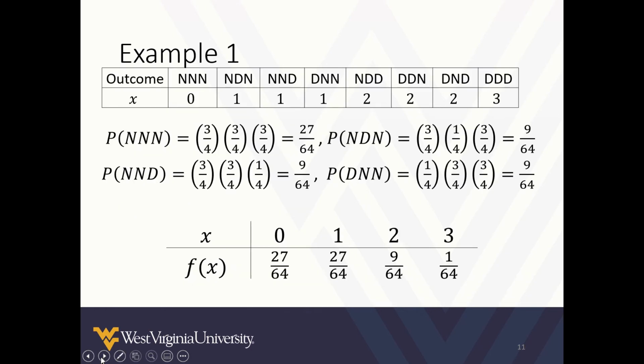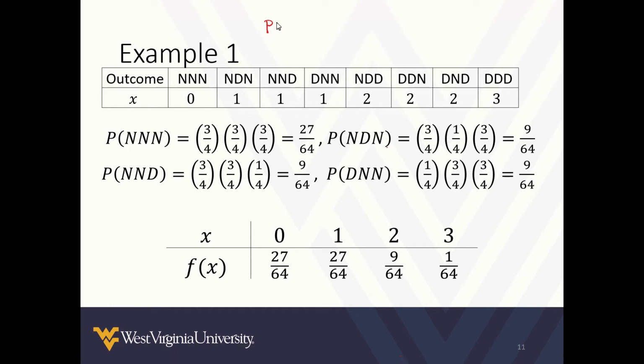So once again, from our previous slide, I've included that outcome and x chart. Now we're going to calculate the probability of each of our outcomes. Because we are dealing with independent trials, we can use our formula for calculating the probability of independent events.